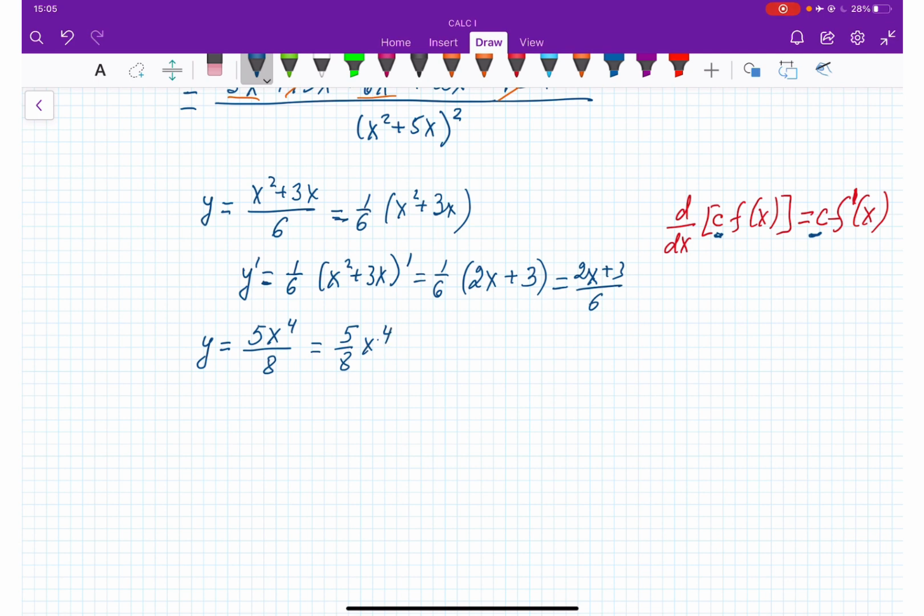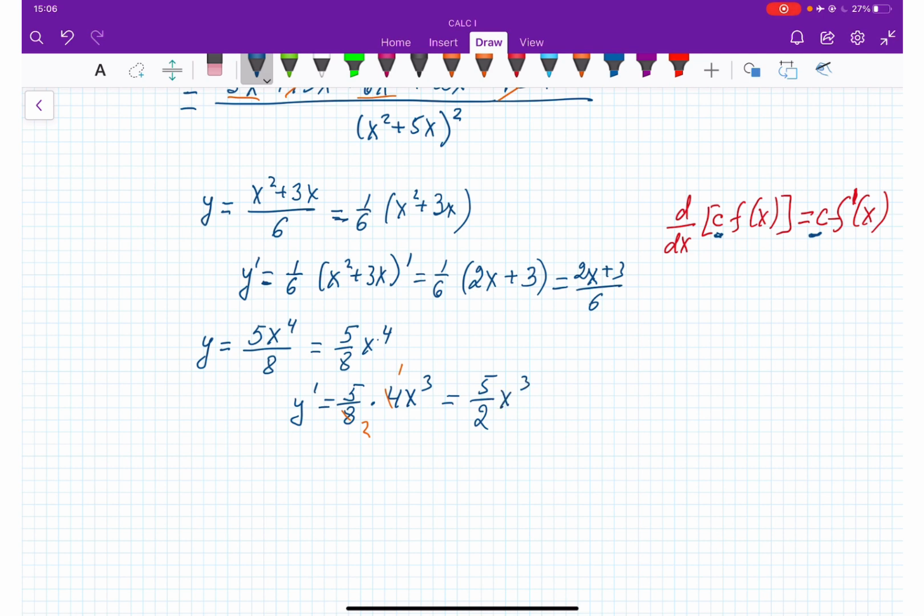So from here, the derivative will be 5 over 8. So instead of x to the 4 will be 4x cubed, right? Okay, and that will be equal to 5 over 2, because 4 and 8, this will be 1, this will be 2, right? 5 over 2 x cubed.